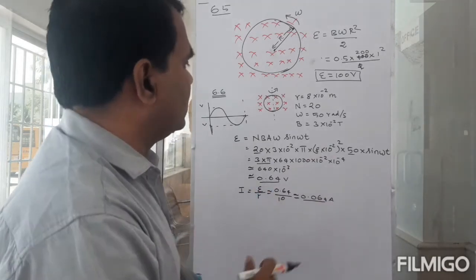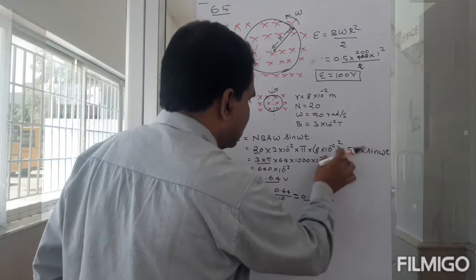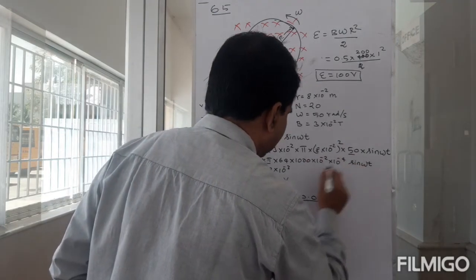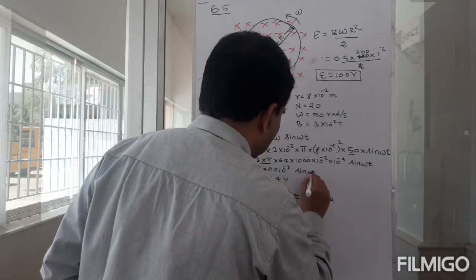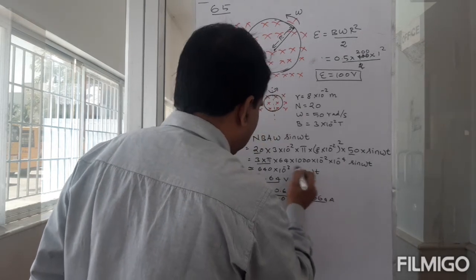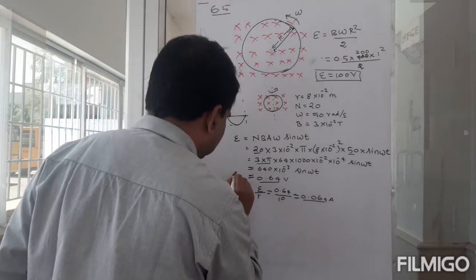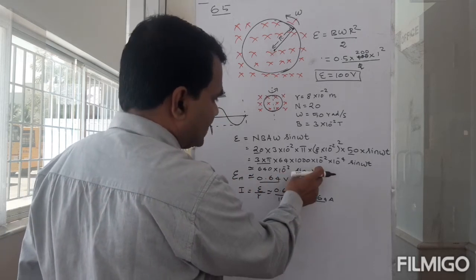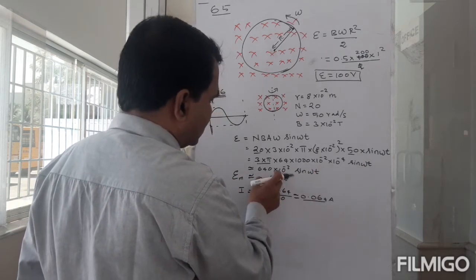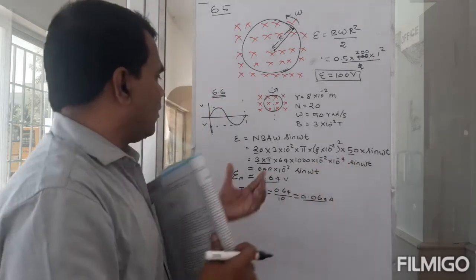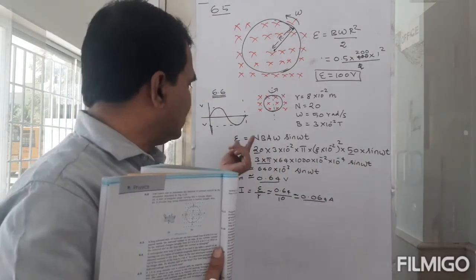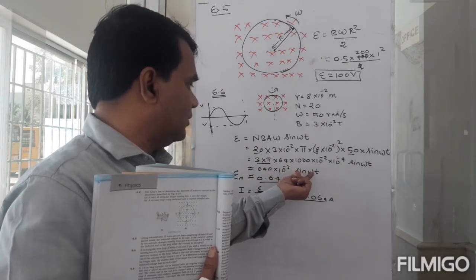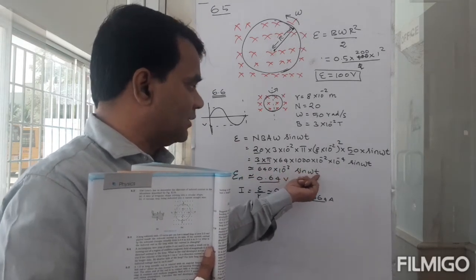By the way, I forgot that this is actually sine omega t. The maximum will be when this is 1, so that is when you get 0.64. At every other time, you will get some other value, depending on t.